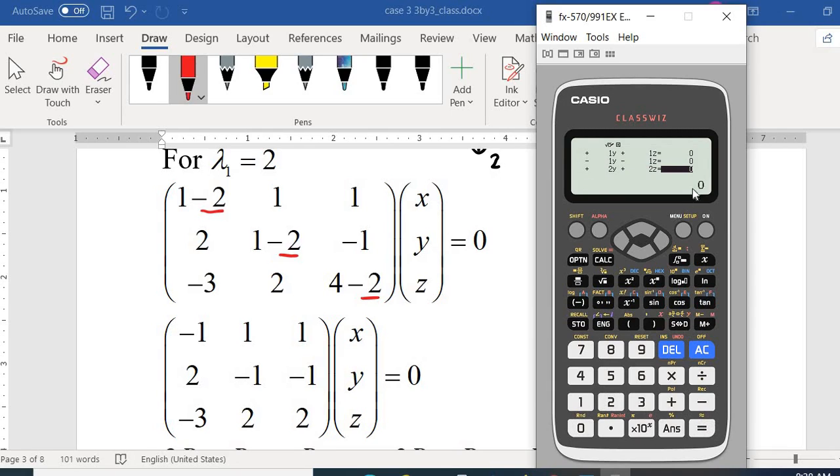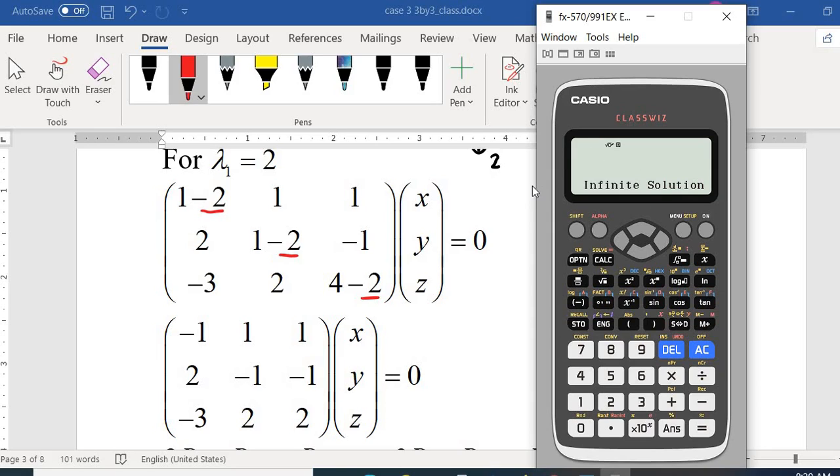Before you press equals, the right hand side is the 0 vector, the coefficients of z are 1, negative 1, 2, the coefficients for y are 1, negative 1, 2, and the coefficients for x are negative 1, 2, negative 3. Then you see they give you infinite solutions.